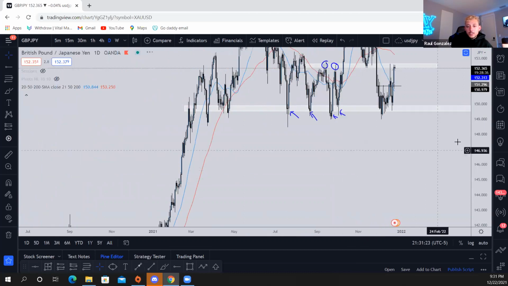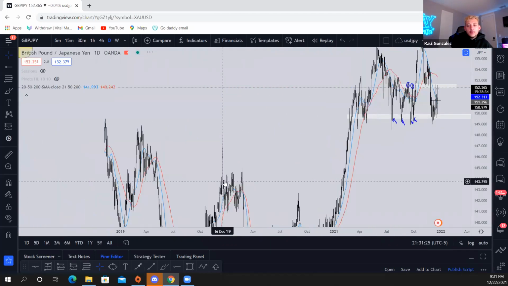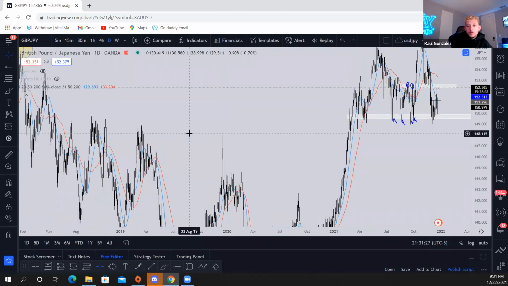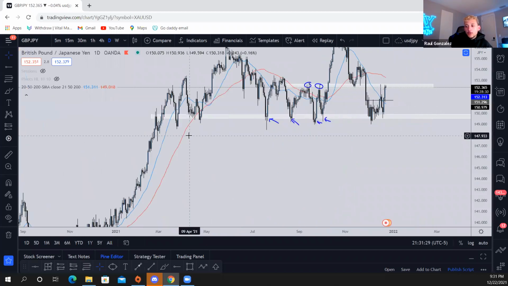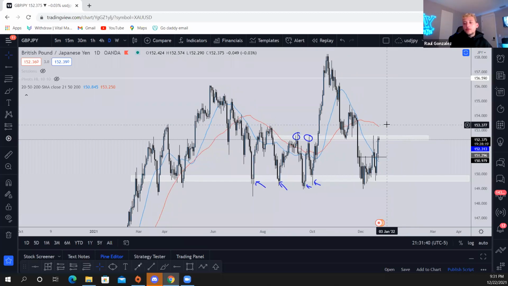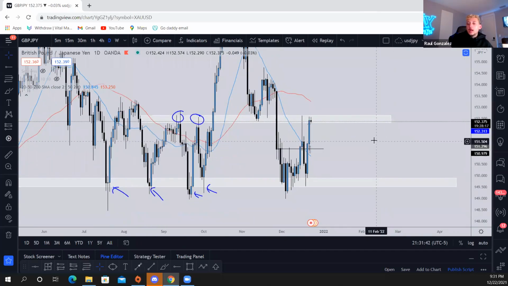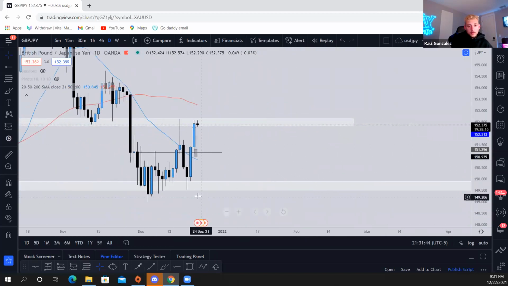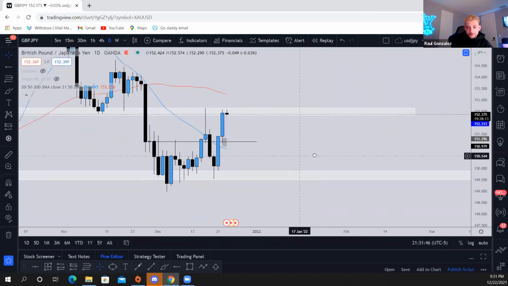I would look on the higher timeframes for the nearest level again, which would probably be right here, 147,933. If price were to break resistance, I would look for the nearest level again, which would potentially be up here, 153,446. But until that happens, I'm not looking for anything above or under this range.